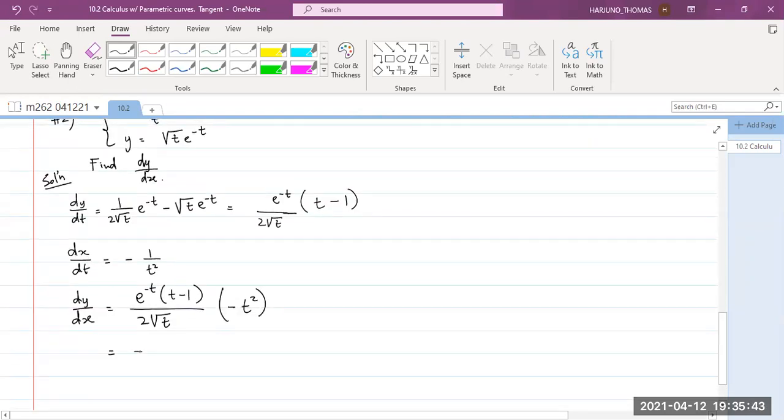So I will get negative t to the power of 3/2 with 1/2 e to the negative t, t minus 1.